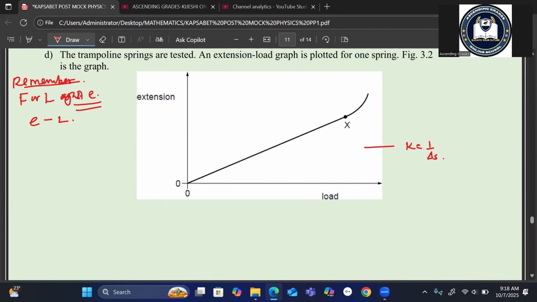Therefore, if we want a spring of higher spring constant, on the same axis, sketch a graph of another spring. So let's say this is K1. We need to have another graph showing that K2 is greater than K1.